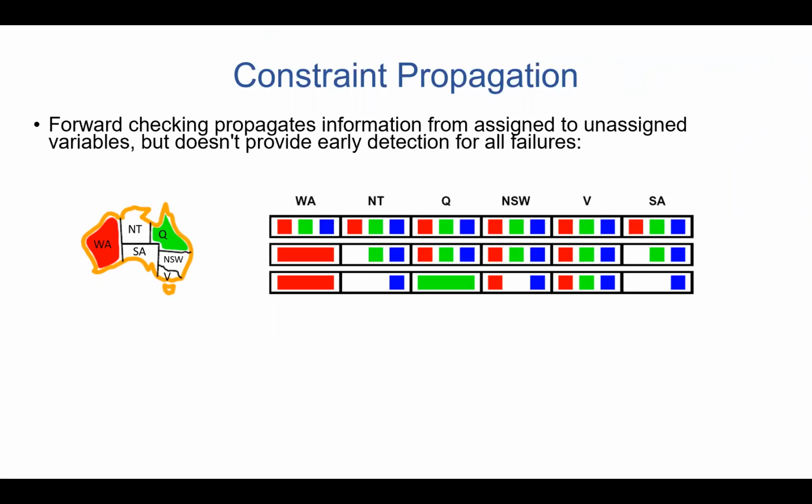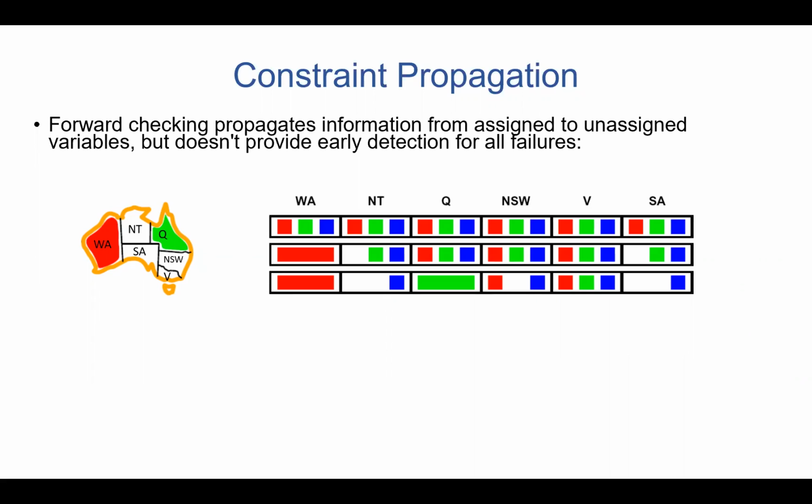Something like this, okay? So forward checking propagates information from assigned to unassigned variables, but doesn't provide early detection for all failures. Why don't we check the constraints, the arcs, the arrows that we have, and just look for all the possible arcs, and then just begin with that? So why don't we do constraint propagation?